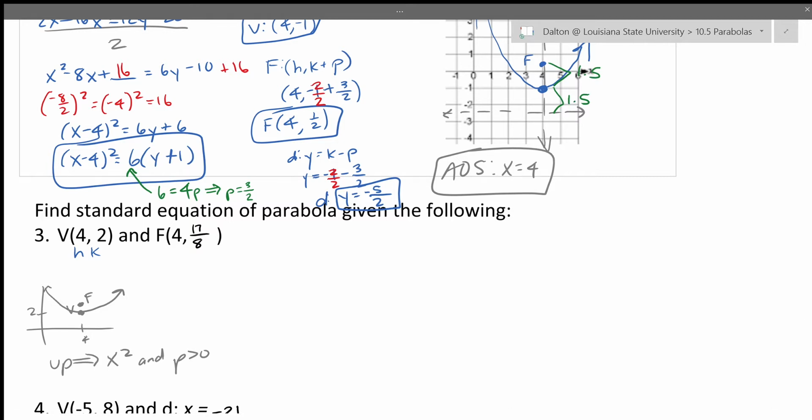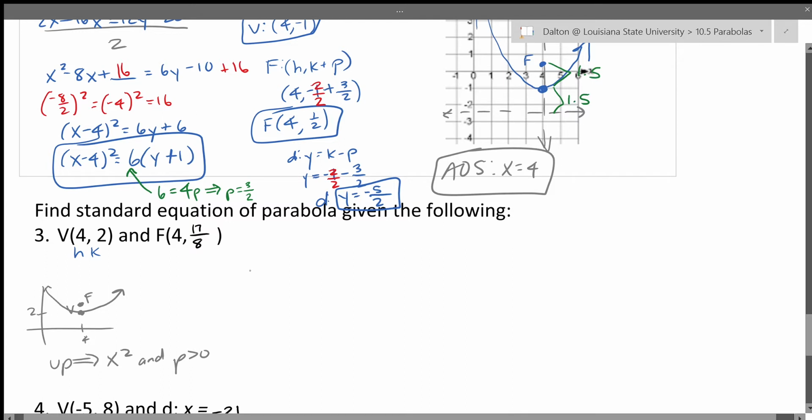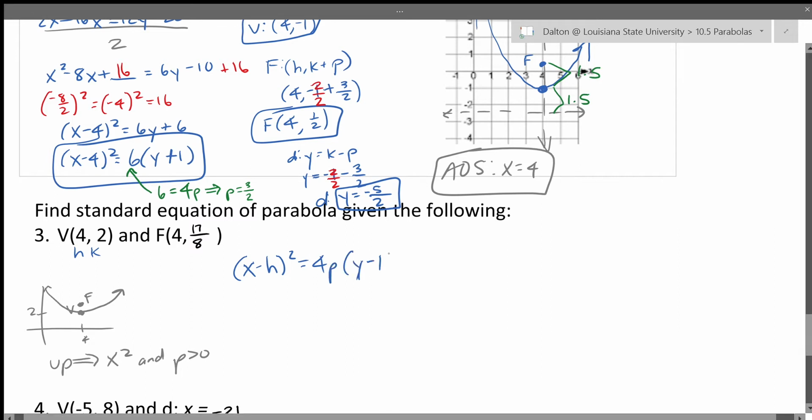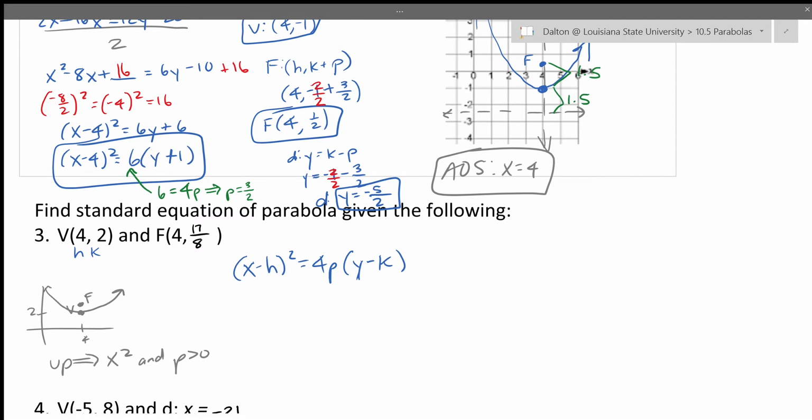We already know h and k. So we know since we're using the x squared version of the equation, we're going to be using x minus h squared equals 4p times y minus k. And we already know h and k, so we need to go solve for p. Now, what does the focus have to do with p? How do you find the focus?